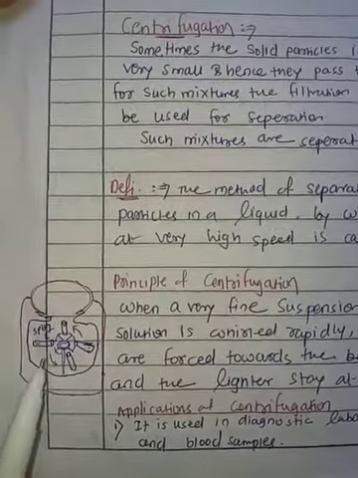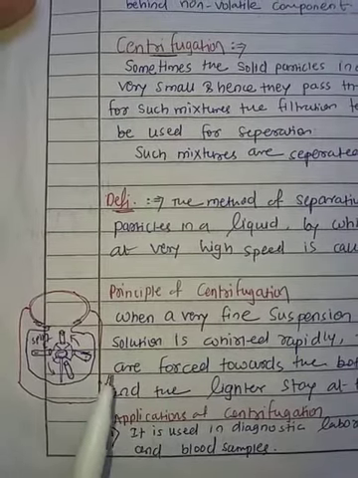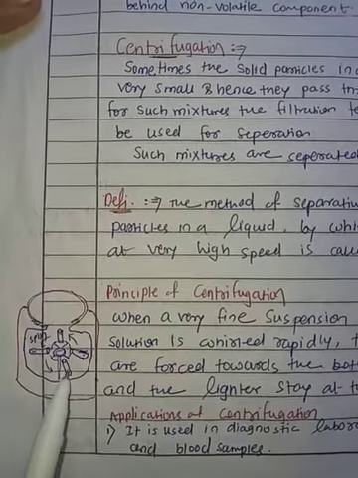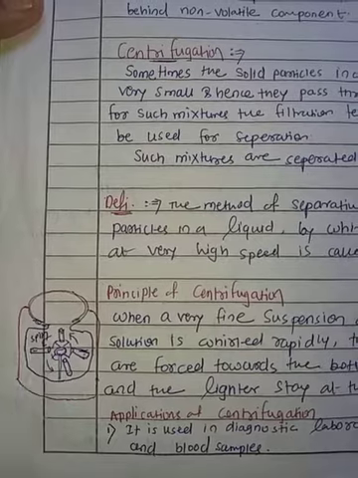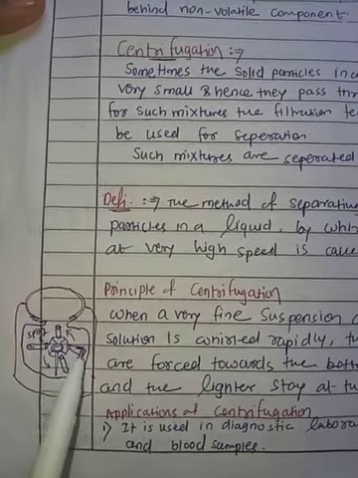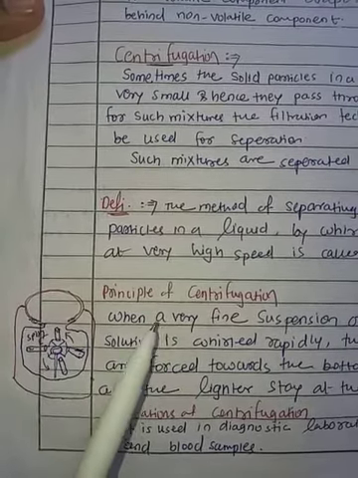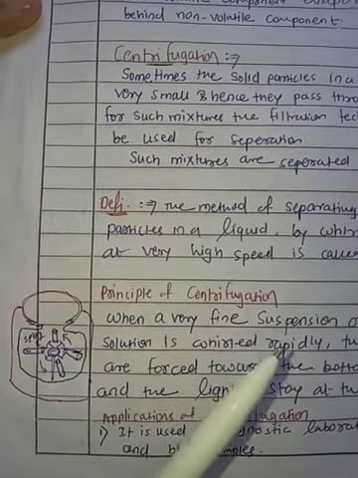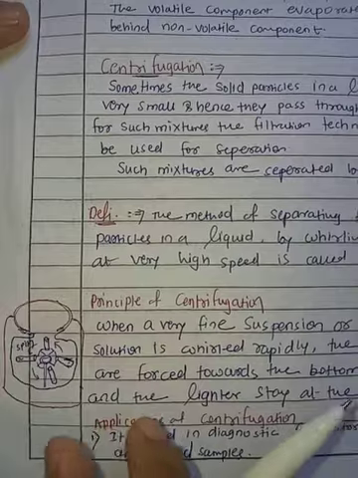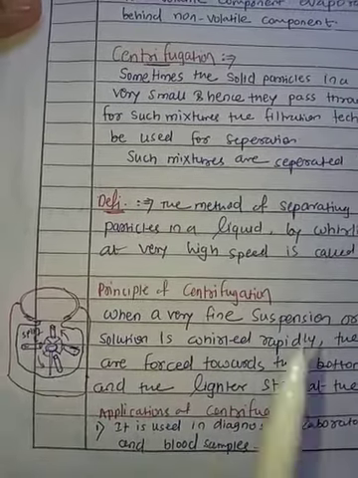First we fill them with the mixture we want to separate, such as milk, blood, or urine samples. Then we switch on the electricity, and the tubes start whirling, that is, spinning.